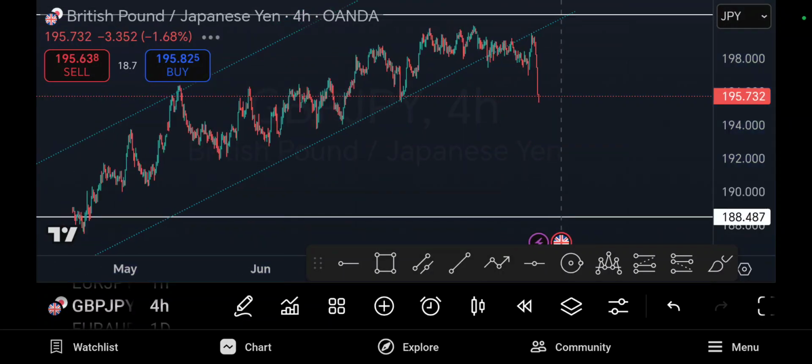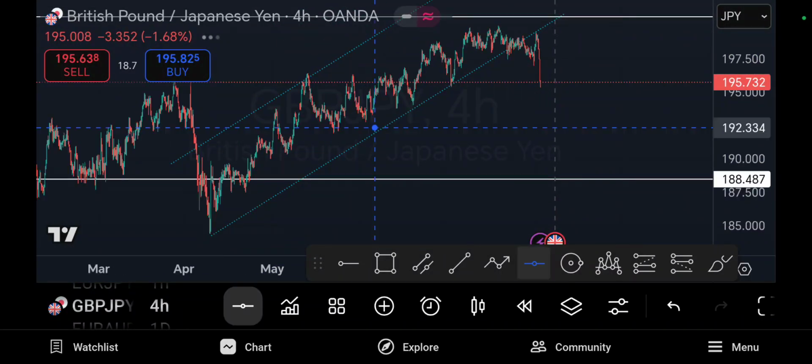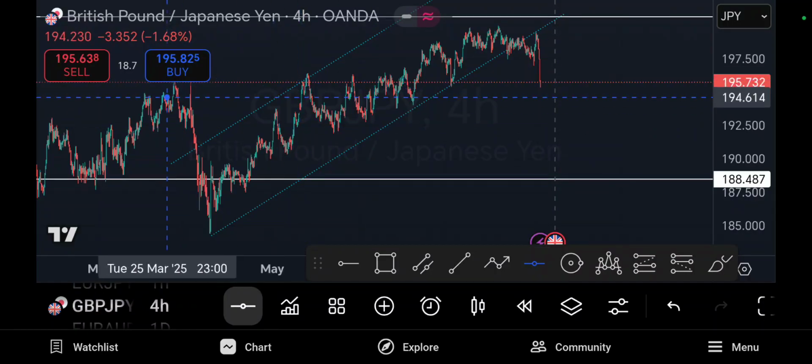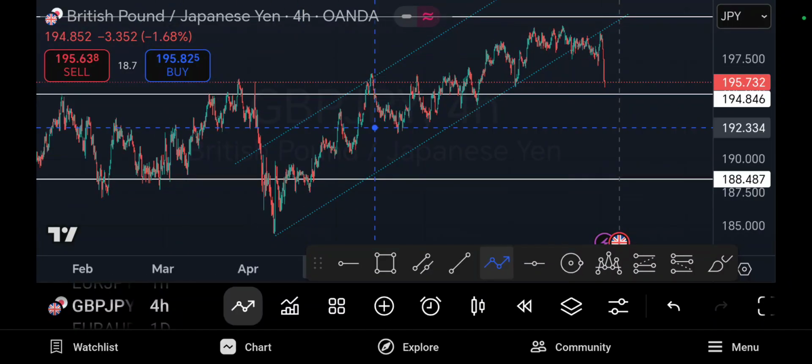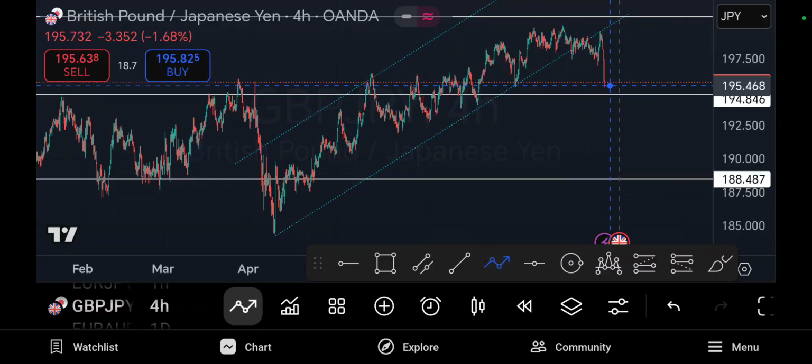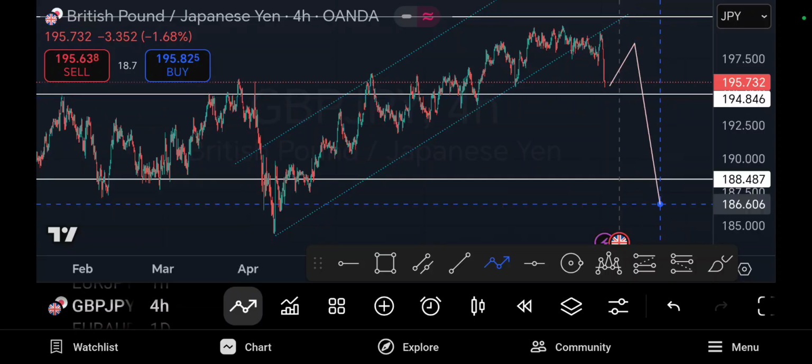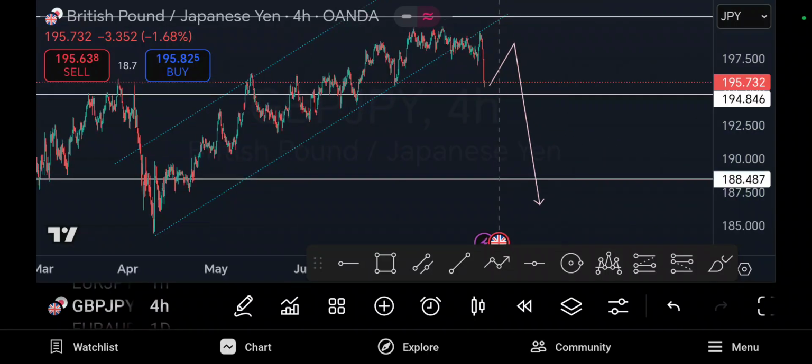See, nice breakouts. You can have this zone here. Breakout, retest, back to the upside. Comes back here, here maybe. It's also giving us an M formation.